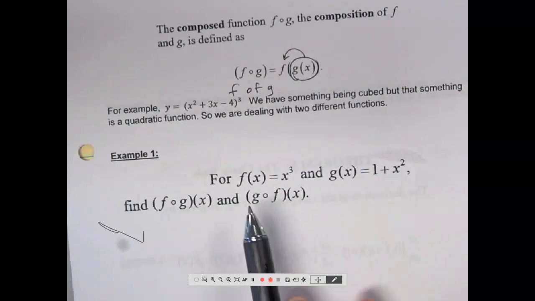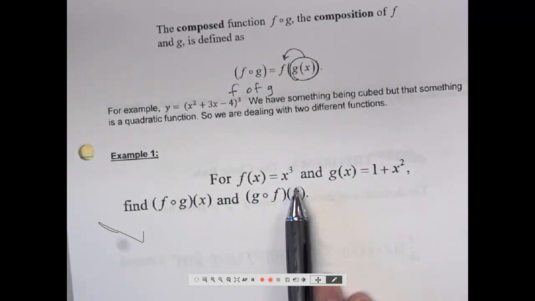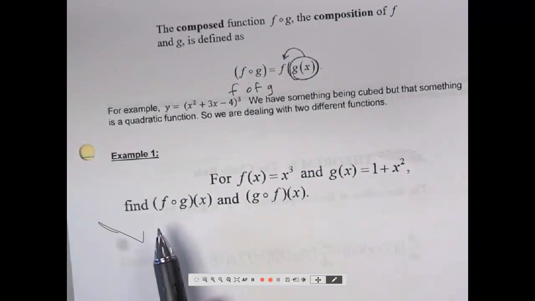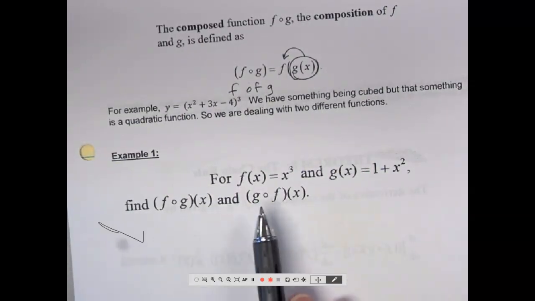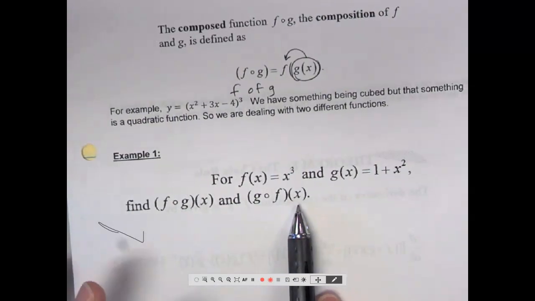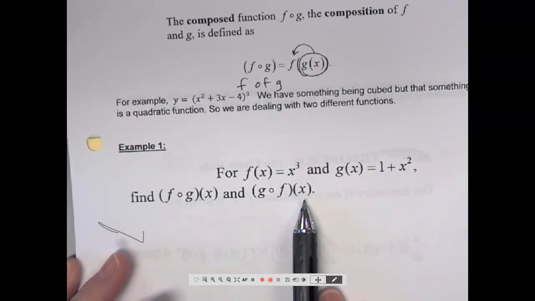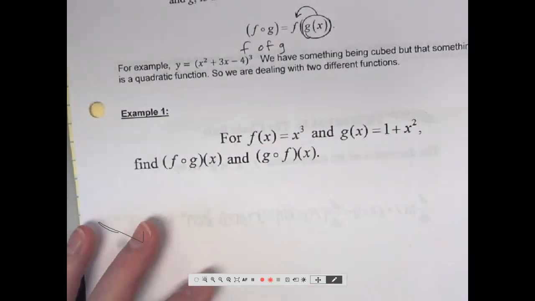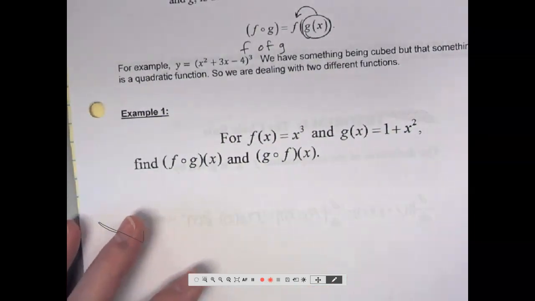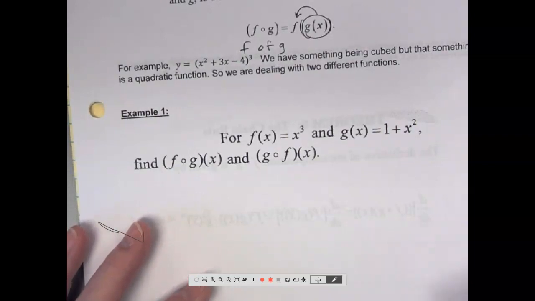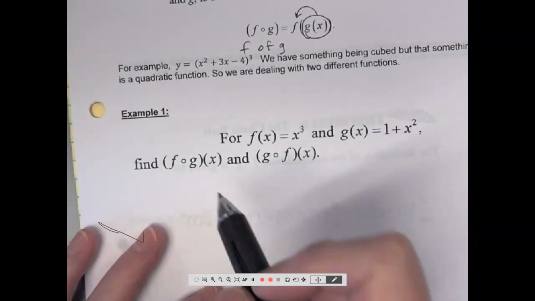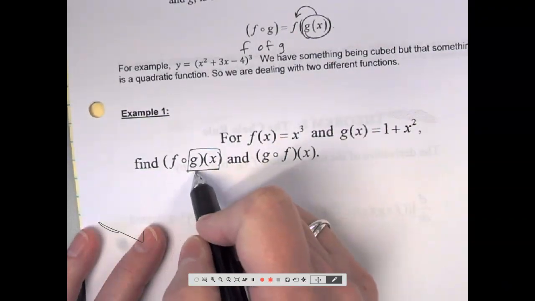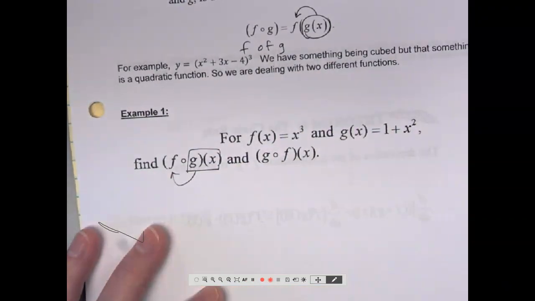Okay, so let's just drop down here to example 1. For f of x equals x cubed and g of x equals 1 plus x squared, find f of g and g of f. So would they be the same thing? Not necessarily, but occasionally they are. Okay, so go ahead. So this right here means take g and sub it into f.